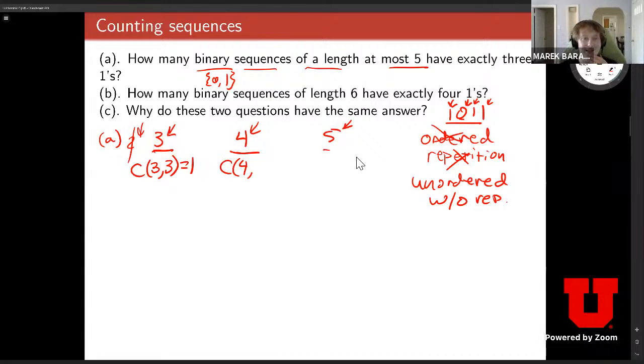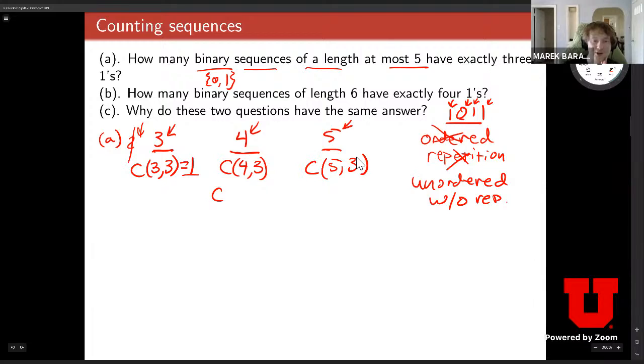Yeah, that makes sense. I guess some of you are calculating probabilities of these strings happening. And then for 5, we're choosing 3 of 5 positions to have the ones, so we have choose 5, 3. And n choose n is always 1, so that's 1.